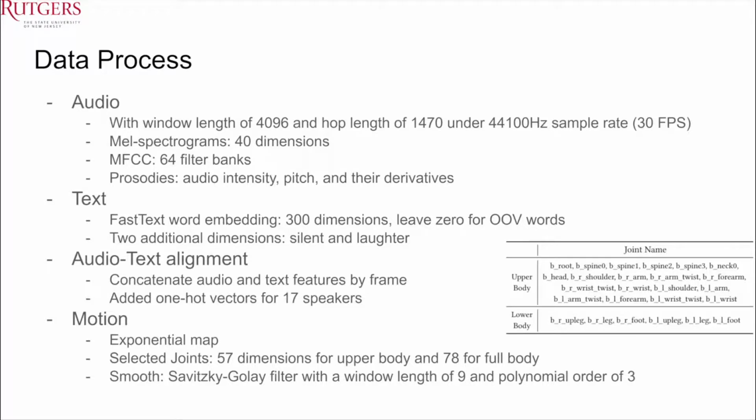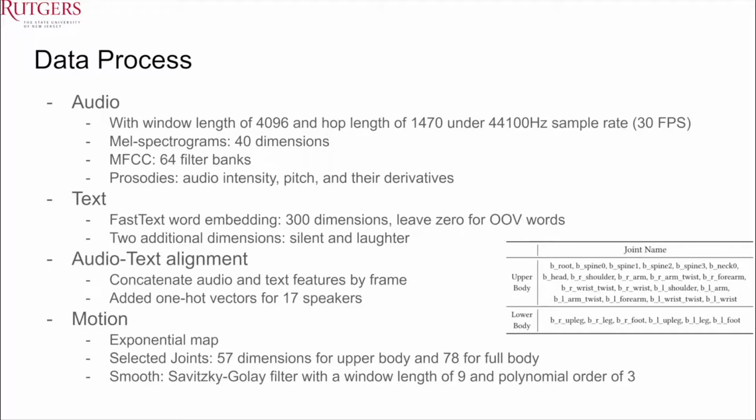We concatenated the audio and the text features by aligning them frame by frame. The timing of a word is matched to its corresponding audio frame. We observe that there may be more than one word in each time slot, so we evenly divide the duration among them. We also added one-hot vectors for the 17 speakers.